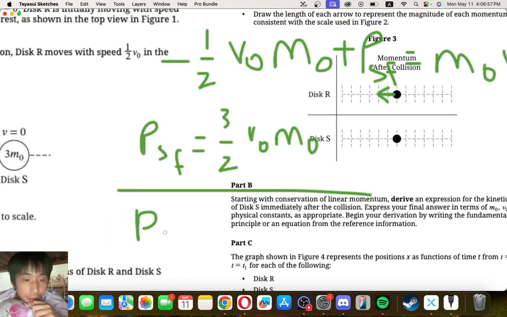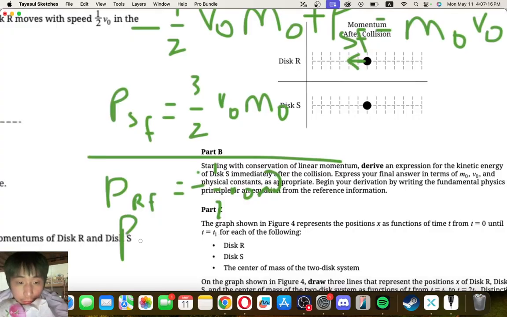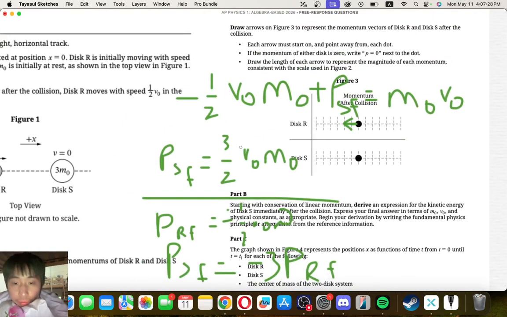PRF equals negative 1/2 V0M0, and then that would just mean PSF is equal to negative 3 times PRF. Right? I think so.